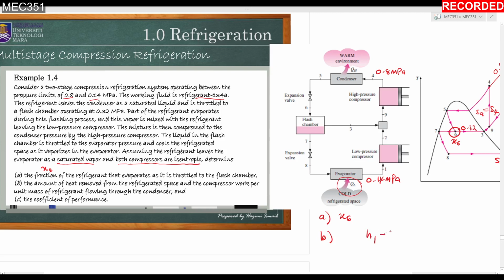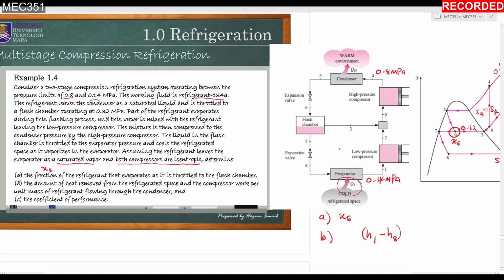So H1, enthalpy 1 minus enthalpy 8, and you must multiply with what we call here the mass flow rate of the lower cycle.